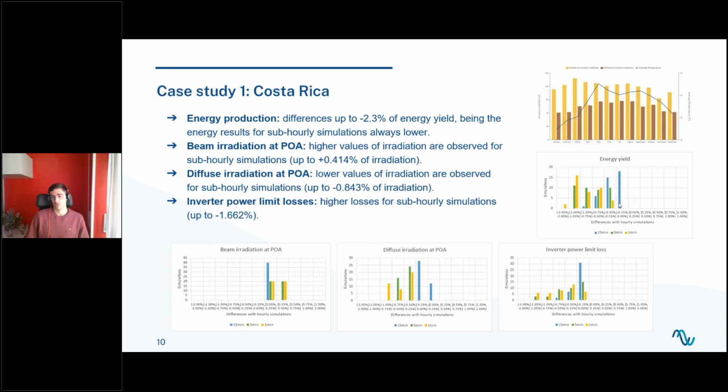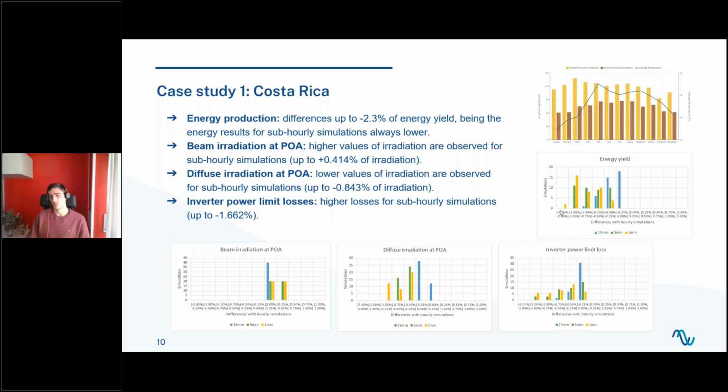From this graph, we can see how all the bars are at the left side of the distribution. So as I mentioned, all the simulations with sub-hourly provided less energy. And also we can see how as we increase the time resolution of the sub-hourly meteorological data, as we go into 1 minute simulations, the differences are even higher. So if we go to 1 minute simulations, we have more differences with hourly simulations.